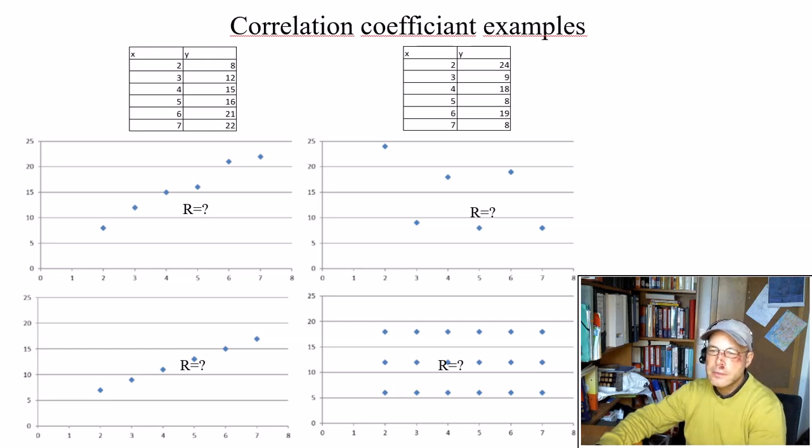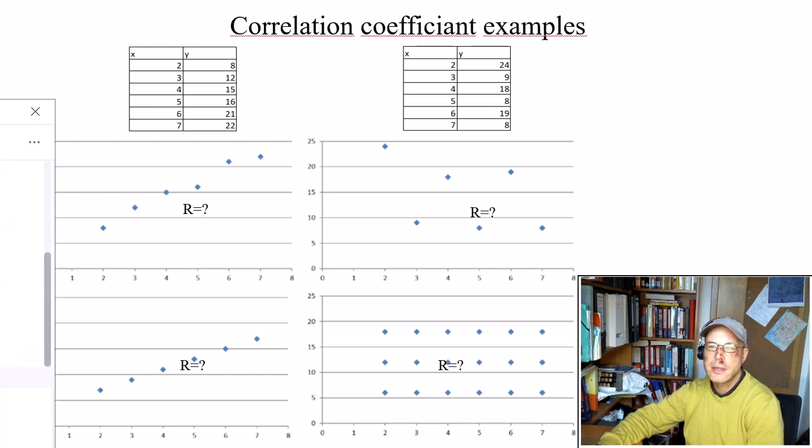Let's start with the lower part here, lower left side, and the lower right side. What would you think is the correlation coefficient for this when all our data points are lying exactly on a line? Yeah, there's something in chat.